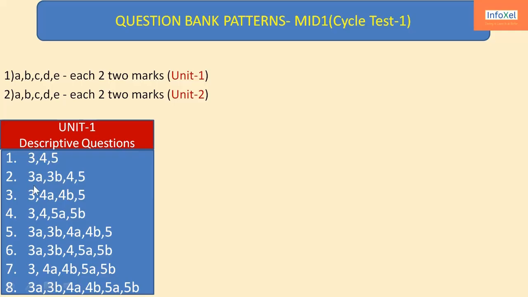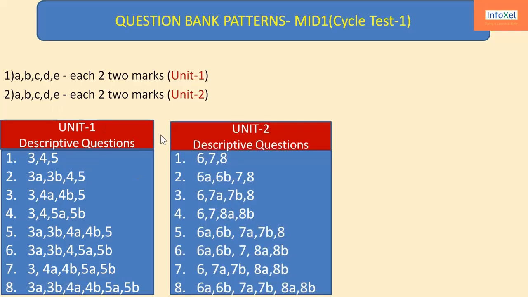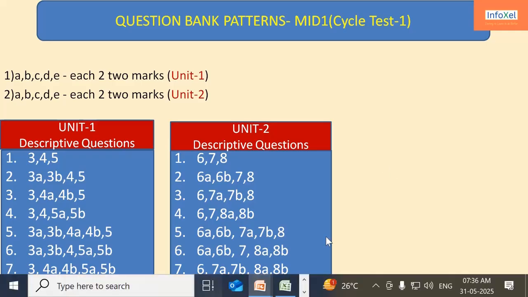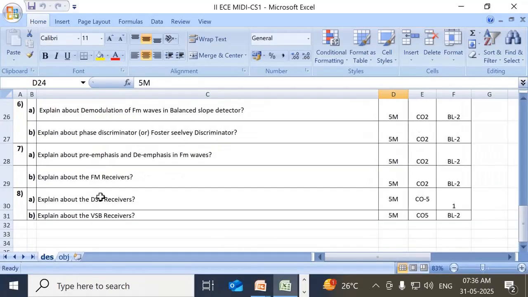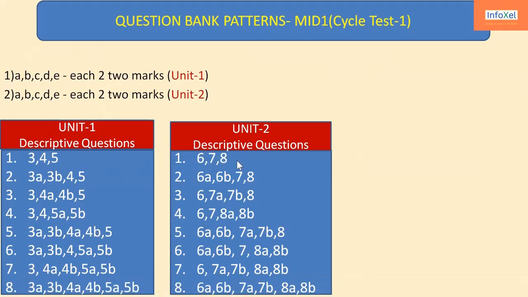So we have 8 such possibilities for unit 1. Similarly, for unit 2, question number 6, 7, 8, subdivision AB, AB, AB. 6AB, 7AB, 8AB.